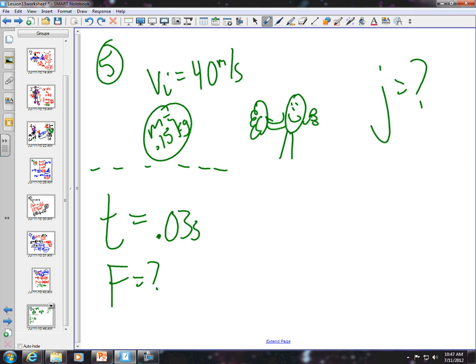So it would again be F net times delta t. Here, they're trying to trick you a little bit. Impulse is just the change in momentum, which is mass times the change in velocity.